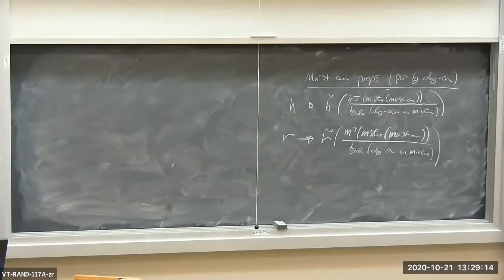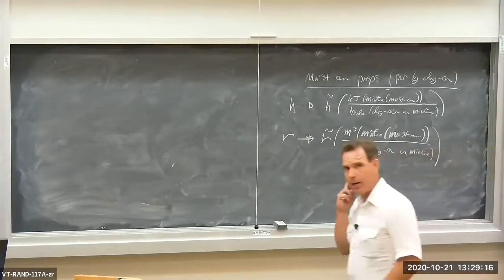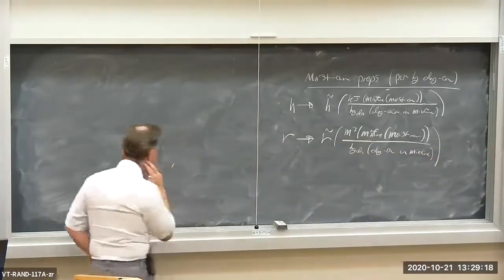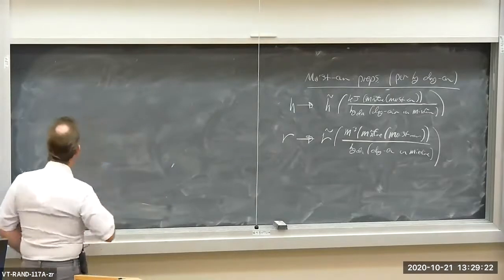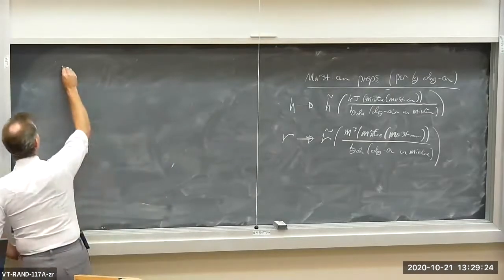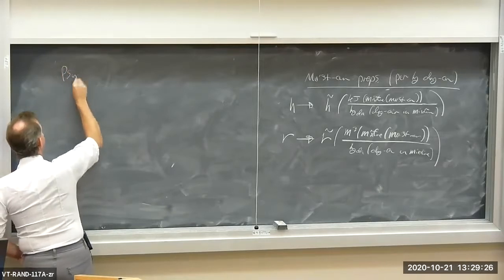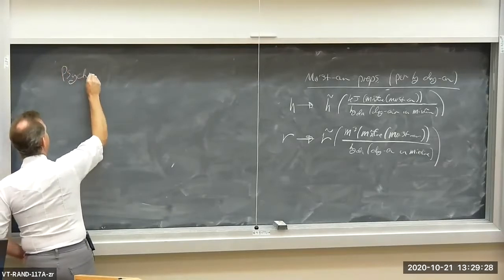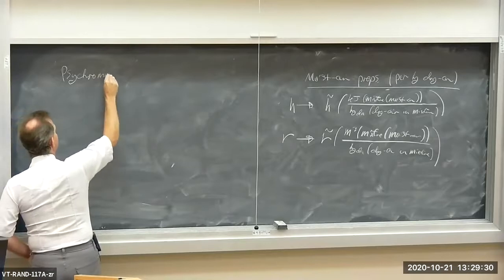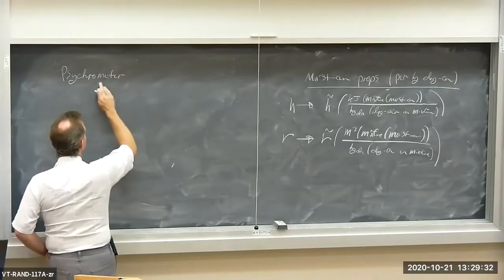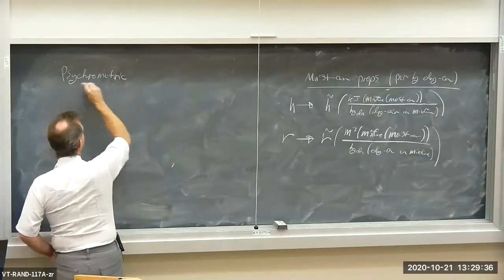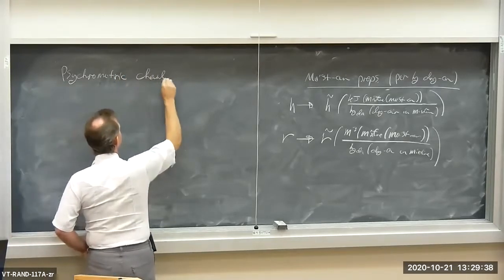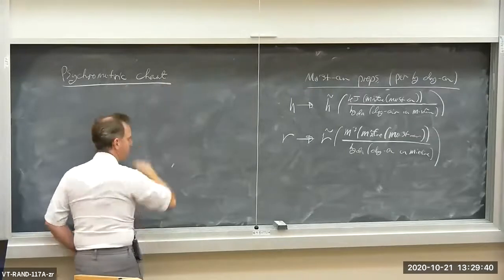Well, lucky for you, there is a chart that allows you to quickly and easily relate various properties for moist air systems. And that's called the psychrometric chart. Psychrometric chart.